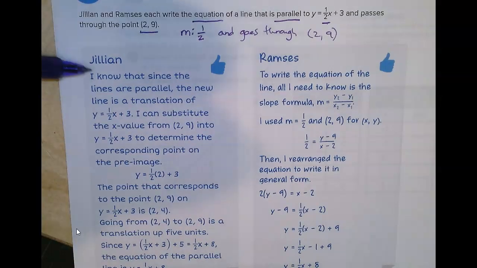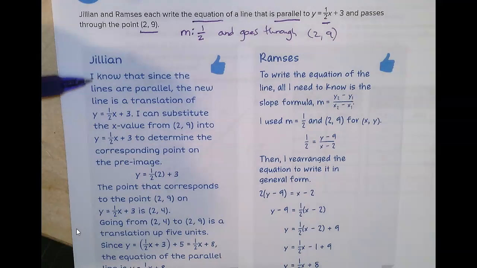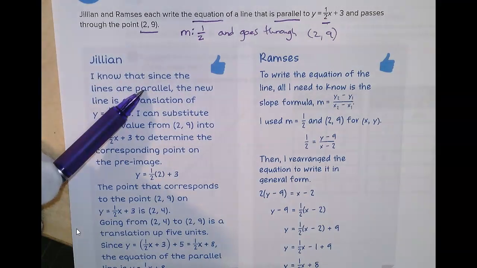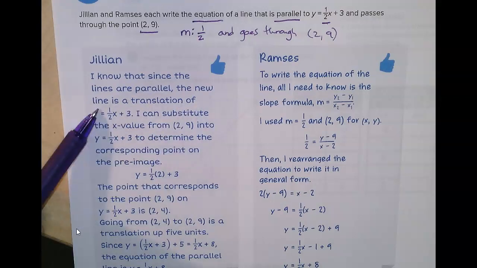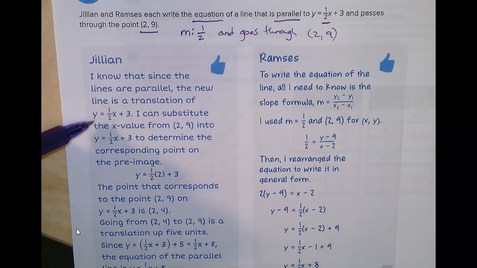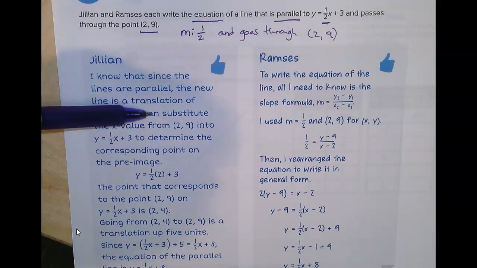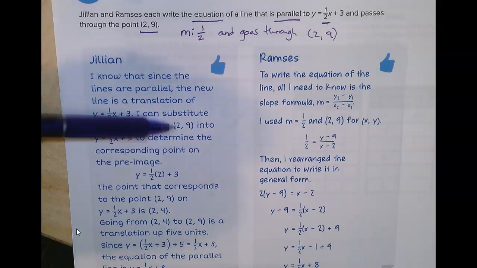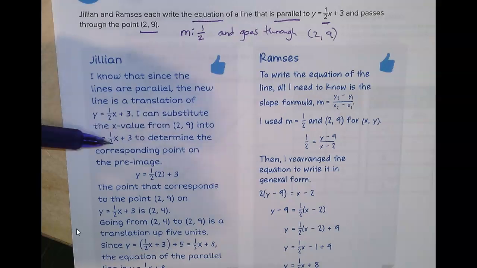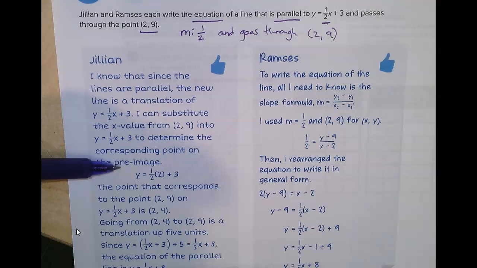So here's what Jillian did. Jillian says, I know that since the lines are parallel, the new line is a translation of the old line. I can substitute the x value from 2, 9 into this equation to get the point on the pre-image.